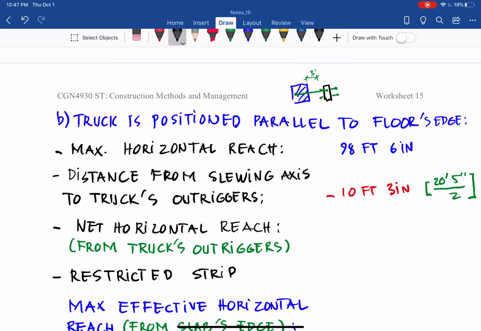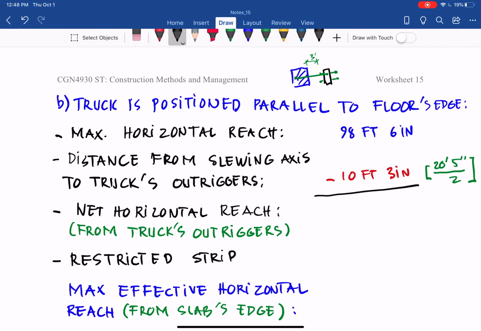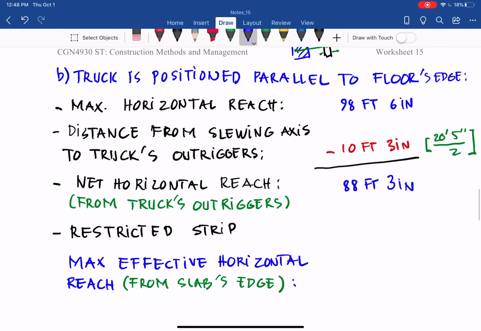And with that subtraction, we can get the net horizontal reach from the truck's outrigger, and it will be 6 minus 3 equals 3 inches. And then 98 minus 10, so we have 88 feet 3 inches. So that's the net horizontal reach. And then of course we subtract the restricted strip for scaffolding, etc., subtracting 3 feet 0 inches, similar to scenario 1.